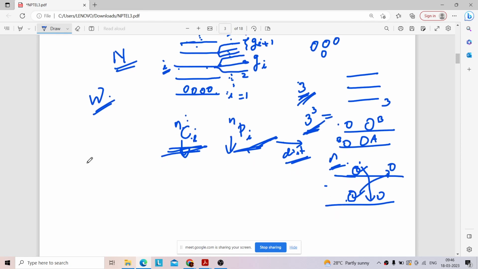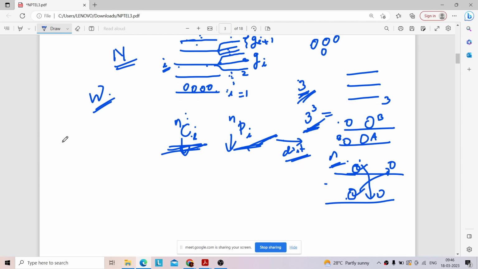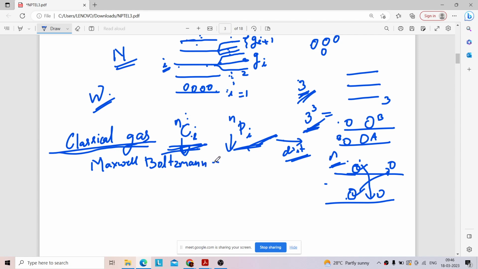So let's assume first a classical gas. Classical gases obey the Maxwell-Boltzmann distribution, as you might know.